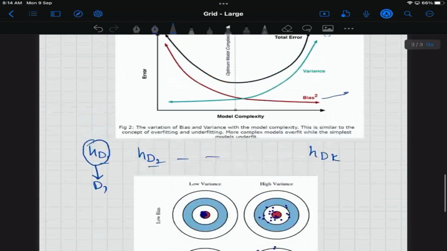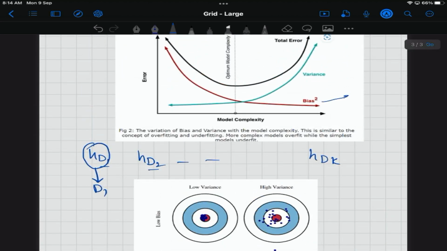So that is happening in this figure. As you are increasing model complexity, your bias is decreasing. Yes, so bias is decreasing, and bias is nothing but a training error. So training error will decrease, right? And what happens to your variance? Variance is increasing, because variance will increase when you overfit your data, right?